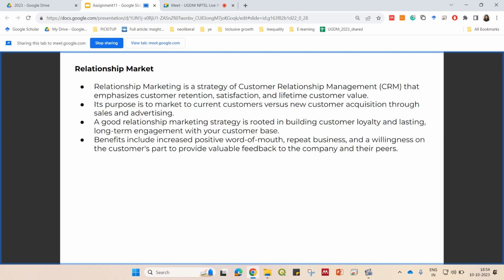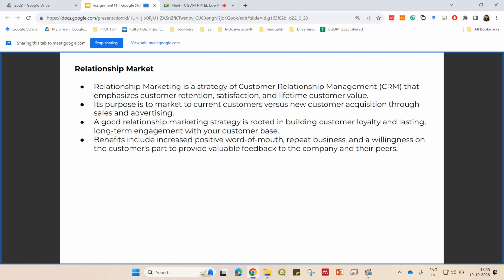Using improved sales or better advertising, you can retain customers and increase customer satisfaction and lifetime customer value. A good relationship marketing strategy is rooted in building customer loyalty and lasting long-term engagement, and all the aspects associated with building it and creating a better sales strategy are associated with relationship marketing.